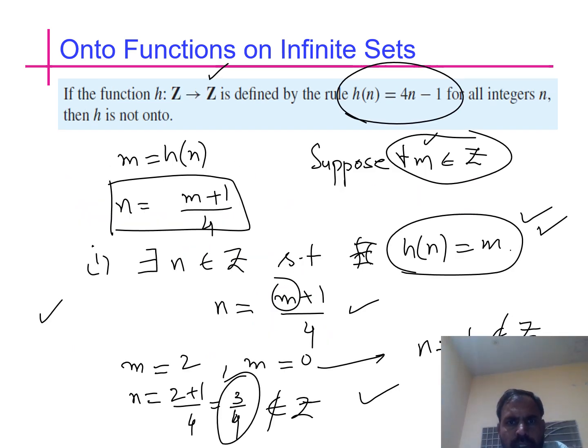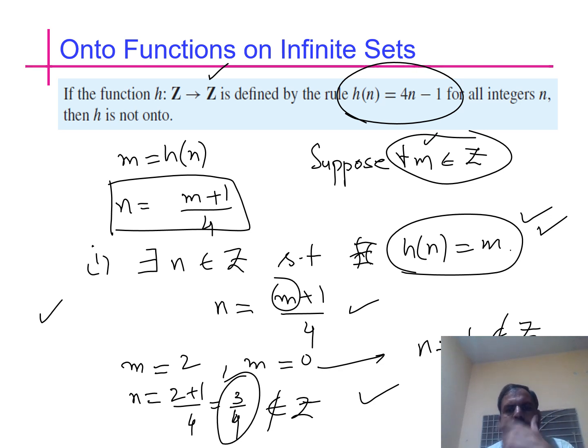If the function h from Z to Z is defined by the rule h of n is equal to 4n minus 1 for all integers, then h is not onto. m is equal to h of n. Suppose for all m belonging to Z, n is equal to (m plus 1) by 4.